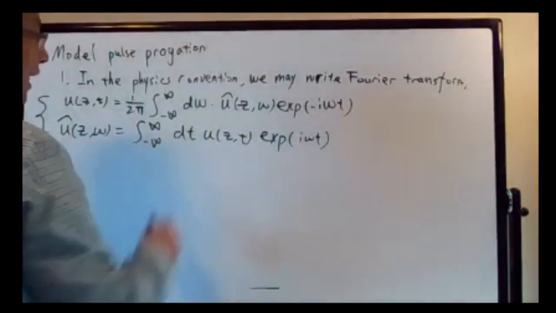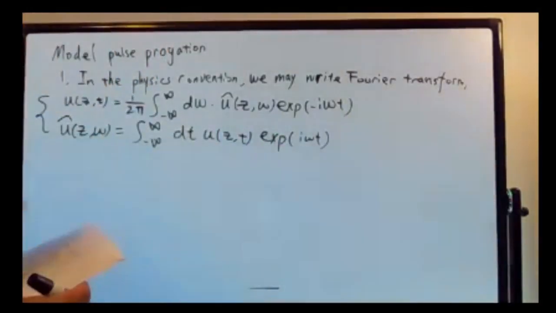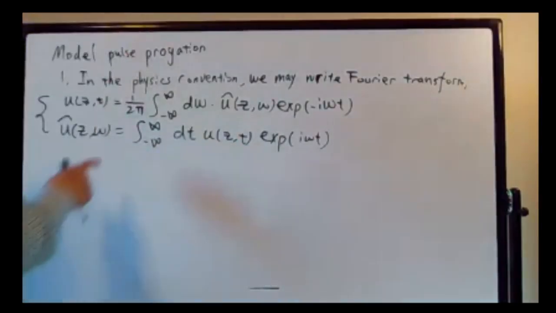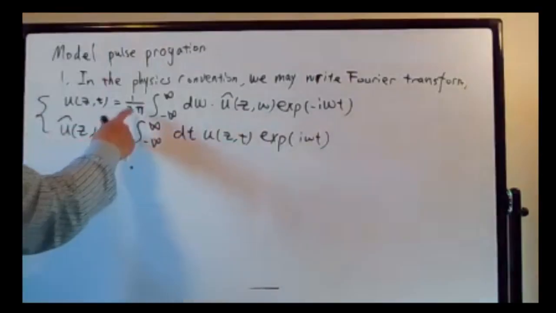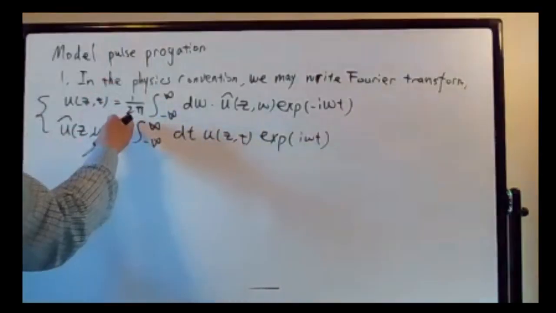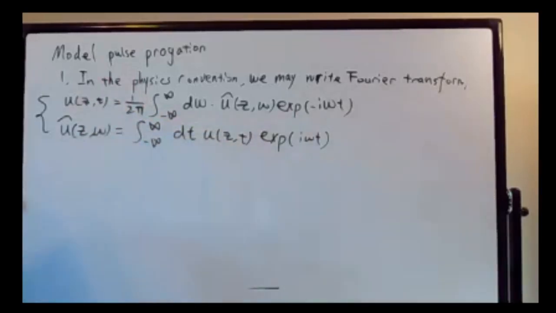Z you can consider as the propagation direction. Some Fourier transform conventions split the 1/2π, one square root of 2π here and another square root of 2π there. But this is what we use mostly, in the physics convention.